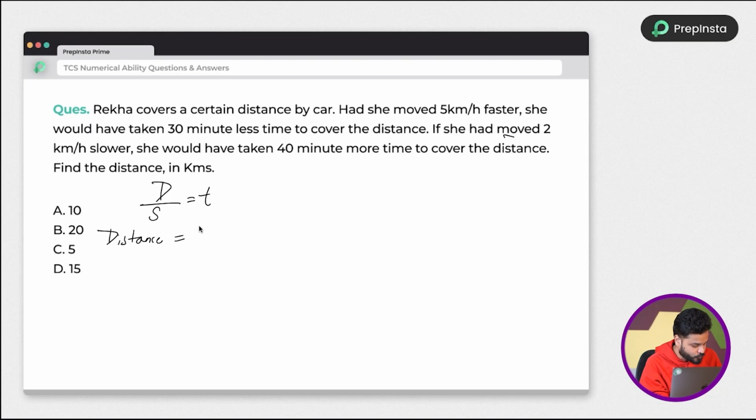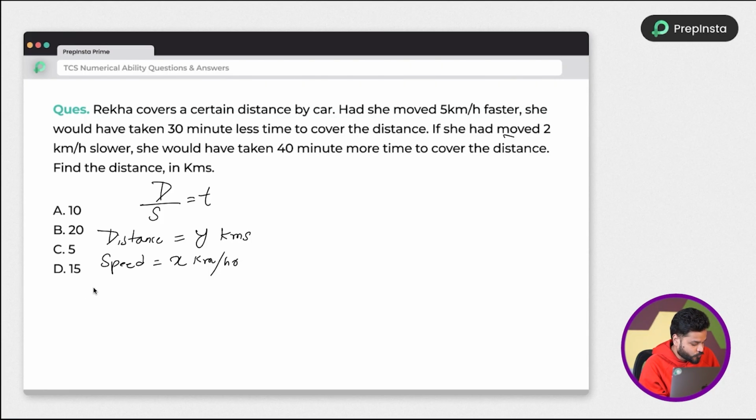So I'm assuming the distance to be, let's say, y kilometers, and let's say the actual speed is x km/h. That is my assumption here.